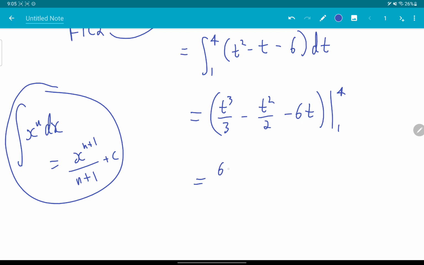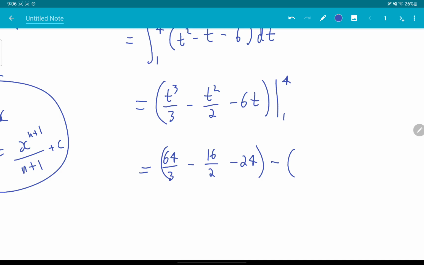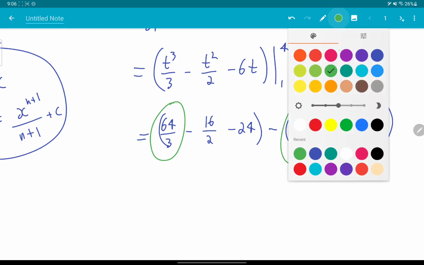And I'm evaluating from 1 to 4. So plugging in 4, I get a mess, but let's just work it out. Minus, plug in the 1, you get 1 over 3 minus 1 over 2 minus 6. Now what I like to do is put the buddies together. Why are they buddies?